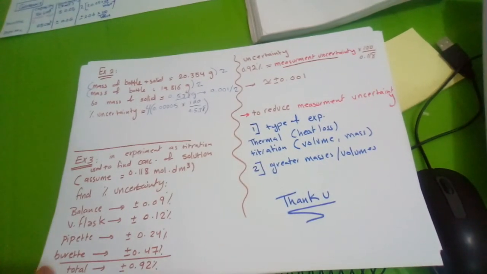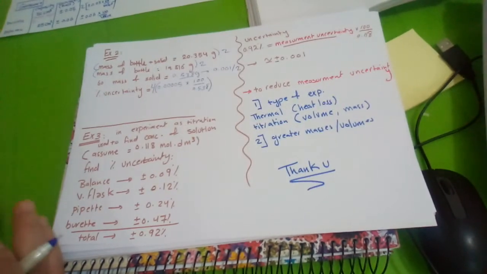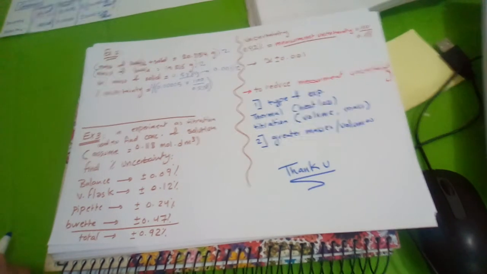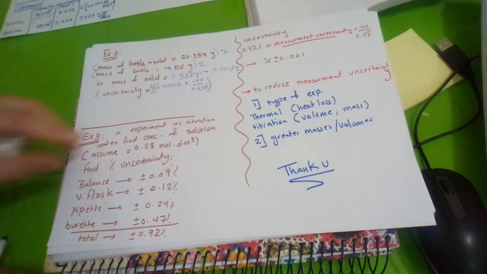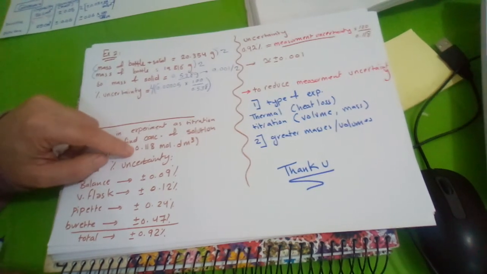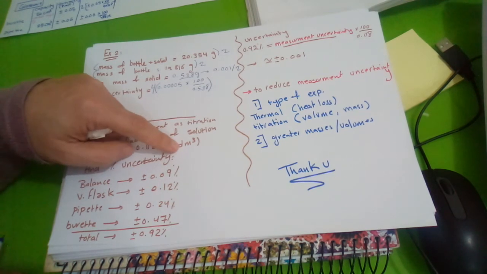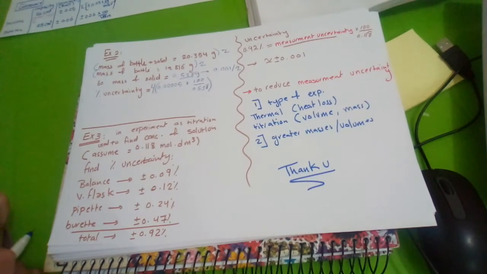Okay, let's go for example number 3. If we have an experiment like titration, and we use titration in general to find the concentration of a solution, assume a titration gives me the concentration for a solution. It's 0.118 mole per decimeter cubed, and he asked me to calculate the overall percentage uncertainty.